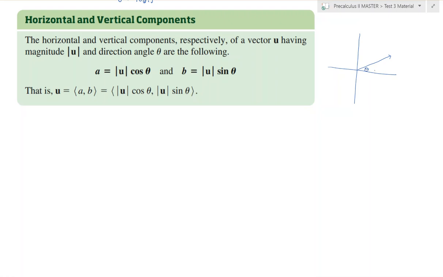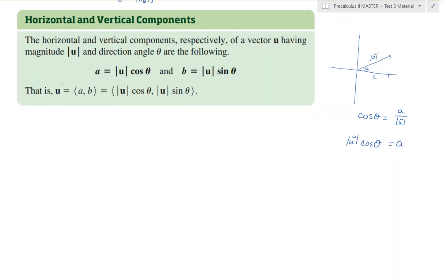Now the cosine of theta is going to be this adjacent right here over the hypotenuse. And that is our magnitude of vector u. So it makes sense that if the cosine of theta is equal to a over the magnitude of vector u, it makes sense that a is equal to the magnitude of u times the cosine of theta. And by the same reasoning, we can do b is the magnitude of u times the sine of theta.